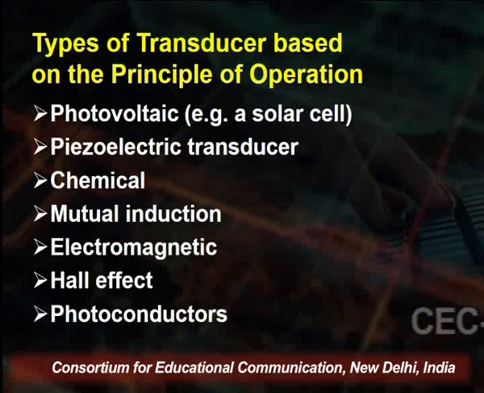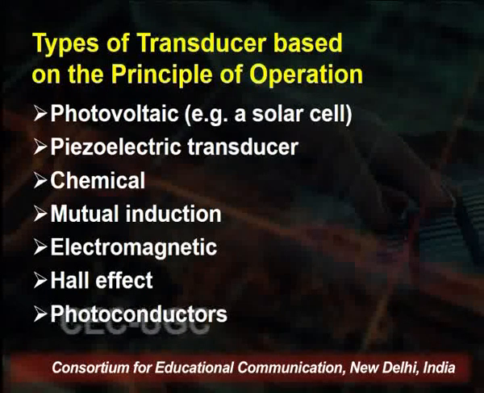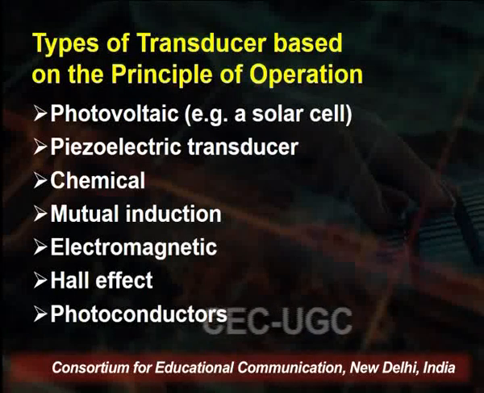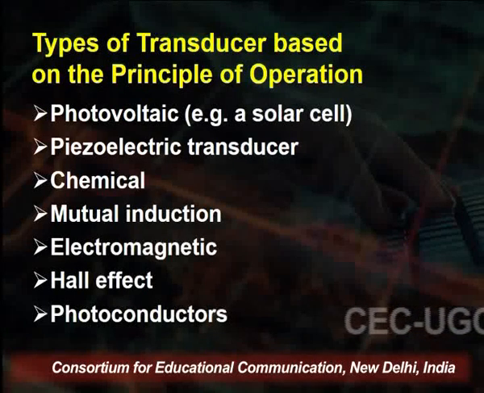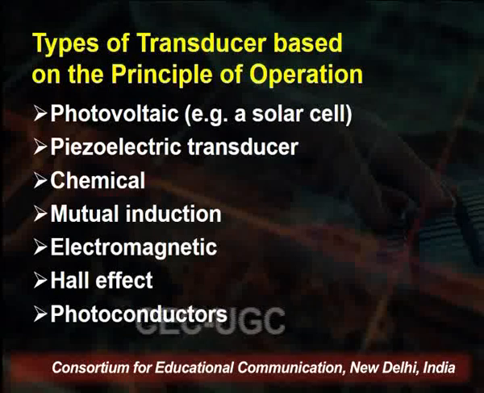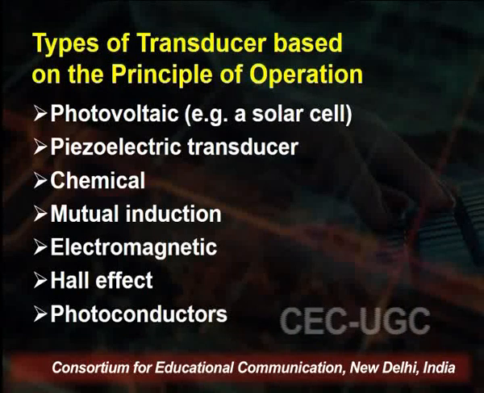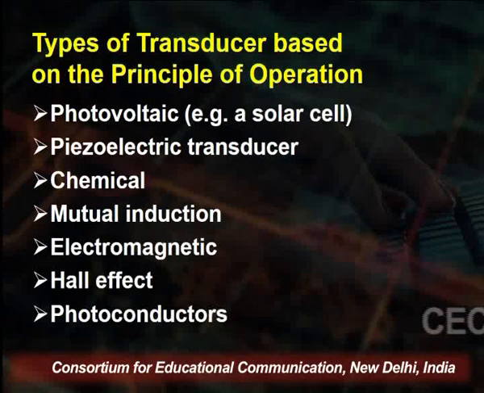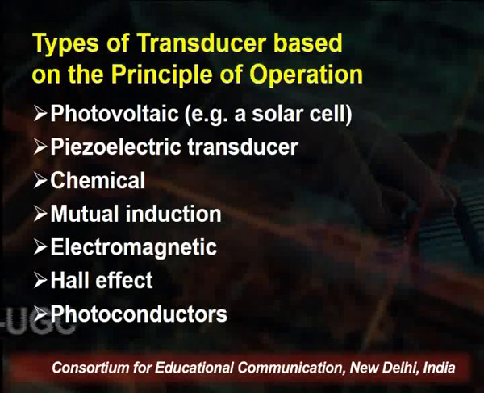The next is a piezoelectric transducer, which uses pressure and converts it into another form of energy. Next are chemical transducers, mutual induction, and electromagnetic Hall effect, where we use the magnetic field, and next is the photoconductor. So, these are types of transducers based upon the principle of operation.